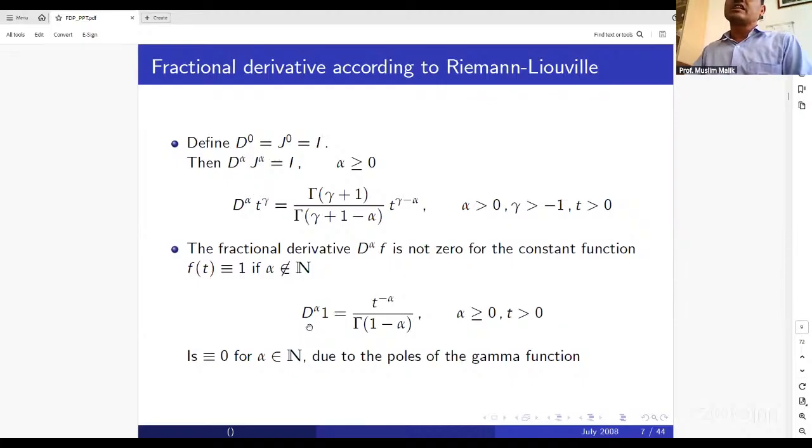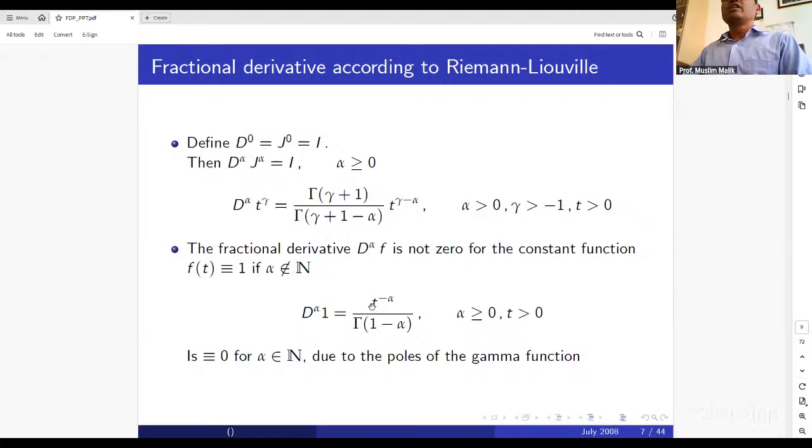So the integer order derivative of a constant function is 0, but here the fractional order derivative of a constant function is non-zero. Due to this reason, we need some modification which satisfies this property.